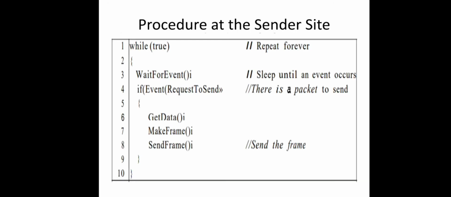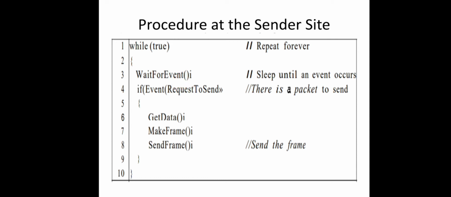So using these assumptions, how can this flow control protocol be implemented? This is the procedure at the sender side. It runs an infinite while loop. What happens inside the loop? It first waits for an event to occur. What type of event? It's waiting for a packet from the network layer.